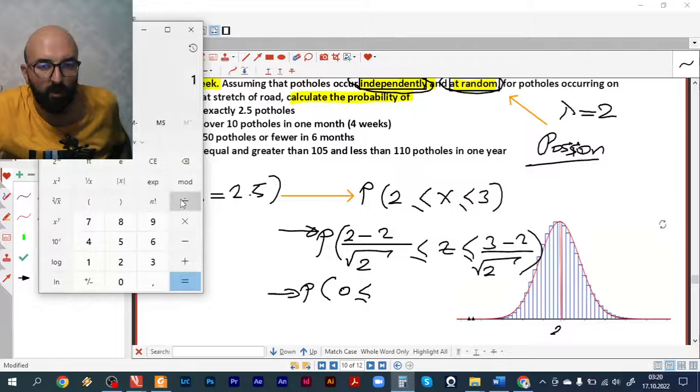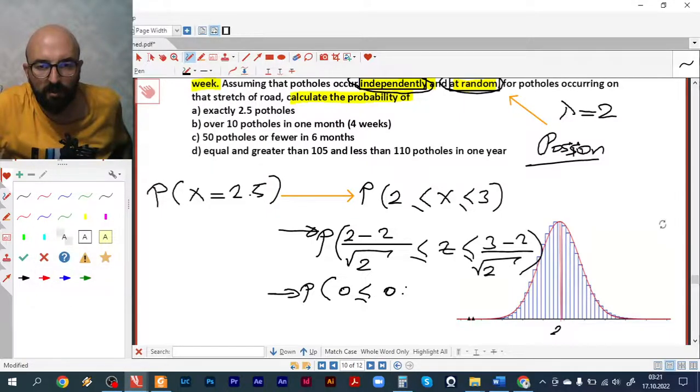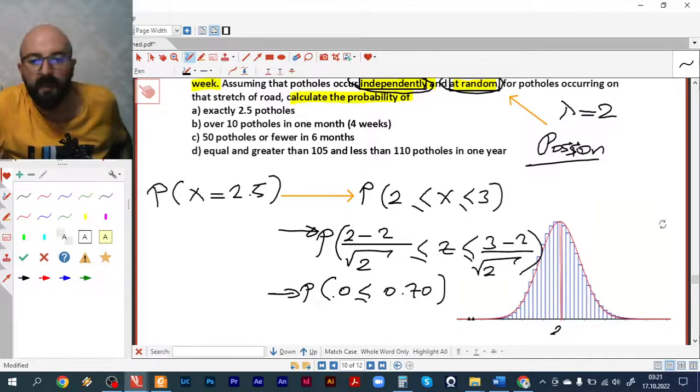1 over the square root of 2 is approximately 0.7.